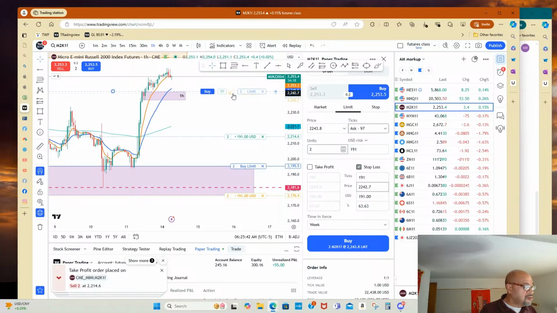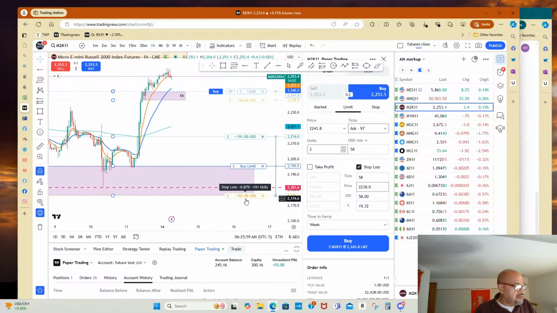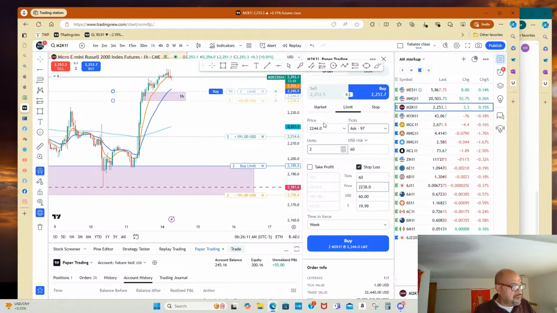A smaller risk. See the same two contracts. One's 58 risk with that little narrow as opposed to 191 because you're losing or gaining with every tick, right?